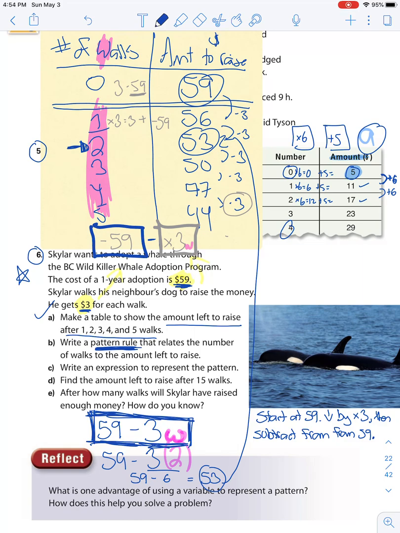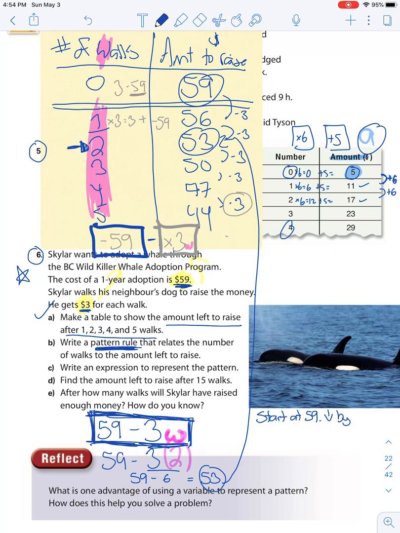Okay, that would work. Yep, because we've multiplied by 3, then subtract, or it should actually be start at 59. Oh no, actually, sorry. It should be start at 59, decrease by subtracting by 59.